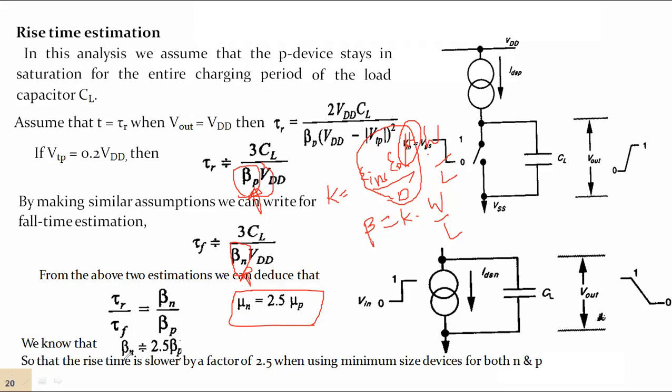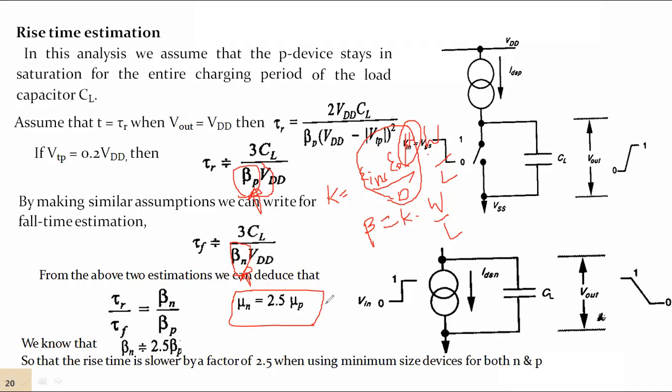Finally, the fall time is smaller than the rise time. Simply, we can say the fall time is faster compared to the rise time because of the mobility of the charge carriers of the PMOS and NMOS.